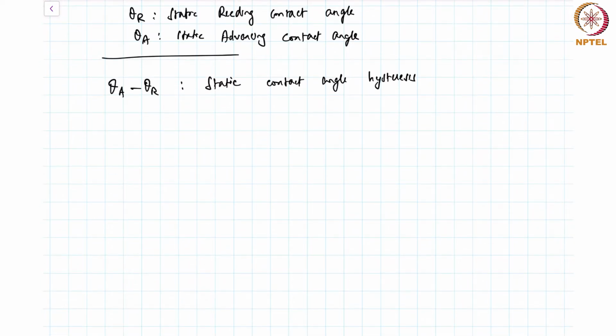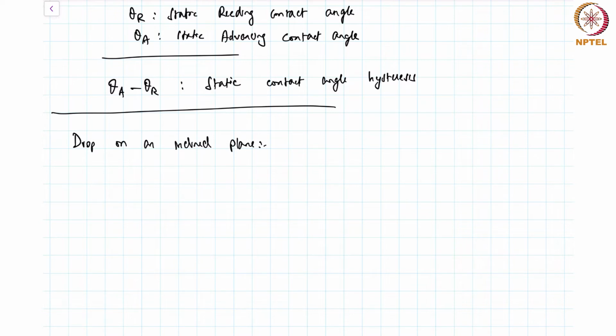This is a problem of a drop on an inclined plane. We can even consider the extreme limit of a vertical plane, let's say a vertical window pane, as an example.